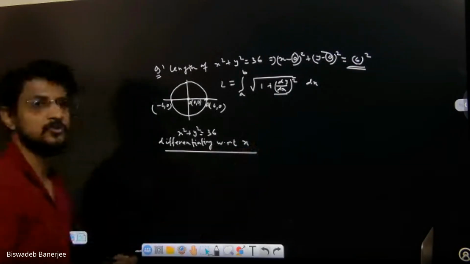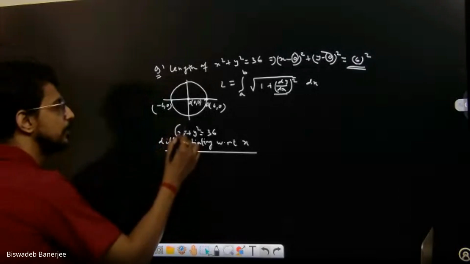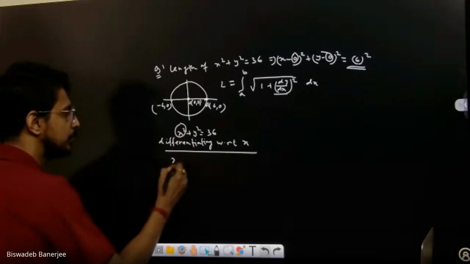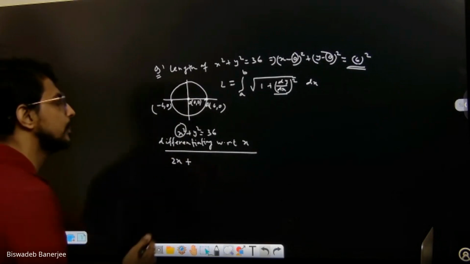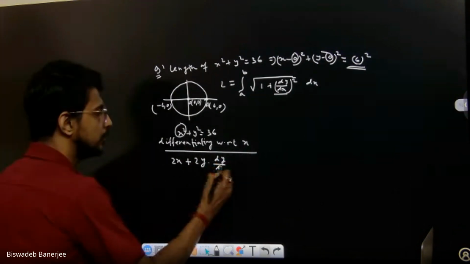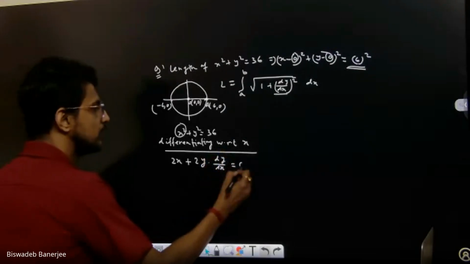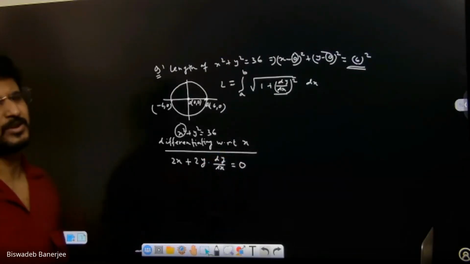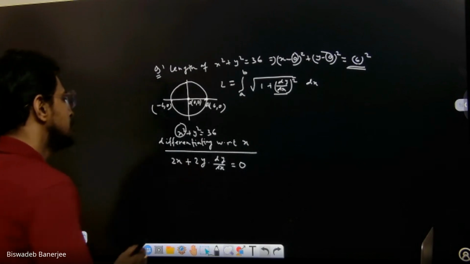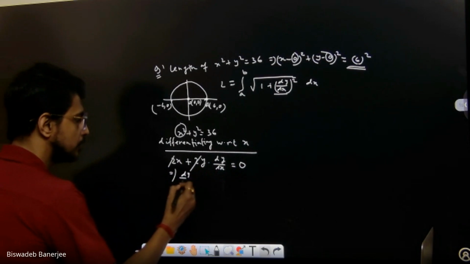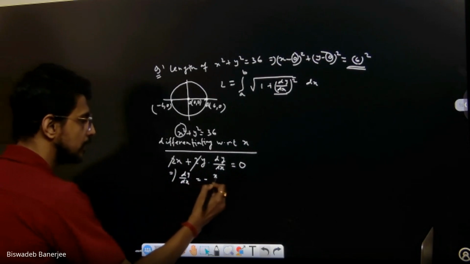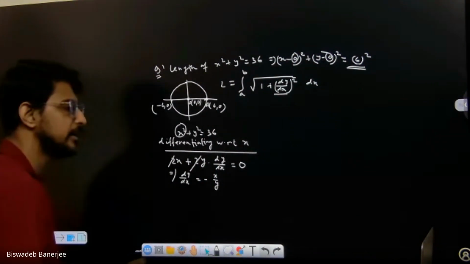The derivative of x square is 2x. The derivative of y square is 2y, multiplied with dy by dx. For the right hand side, the derivative of 36 is 0. From this, you can see that 2 gets cancelled from both sides. So dy by dx is minus x by y.